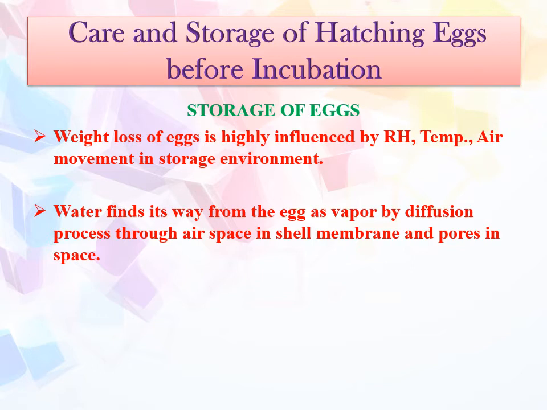If the relative humidity is much higher or lower, then the proper amount of water loss will not occur from the egg. So the chick will be either too large or too small, and this type of chick will have lower production for either broiler or layer production. So this is the reason why humidity is maintained at 60 to 70% only.